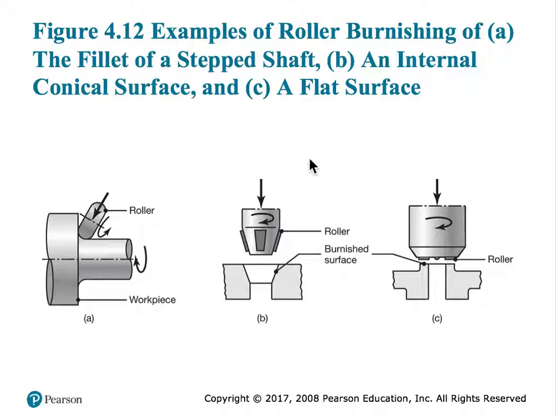Or if you have a flat surface, you might have a different kind of cutting. This process is called burnishing. So you're burnishing and removing material and getting the surface to be very smooth.